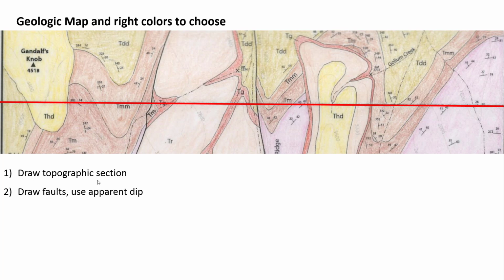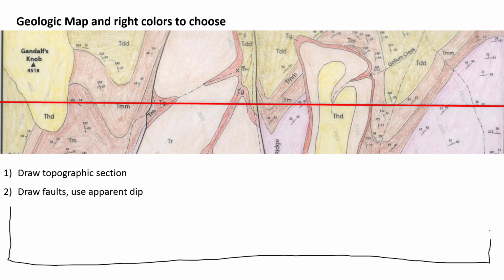So what you do is you take a piece of paper and place it from A to A prime, and you see topographic contours and make a note for each contour with its value. So if I'm going to provide a quick topographic cross section, I put a piece of paper here and I make a note for 4400. You go one by one.